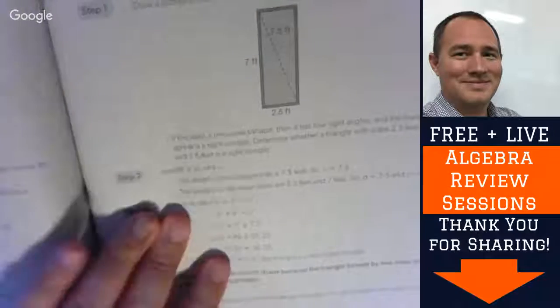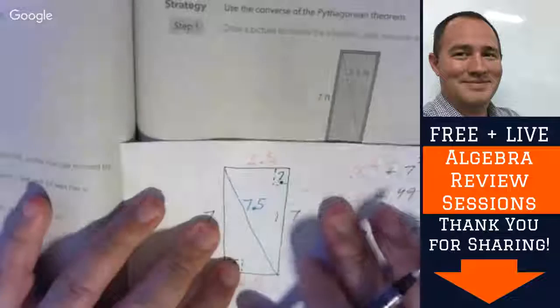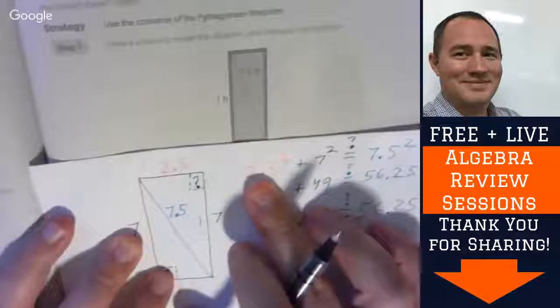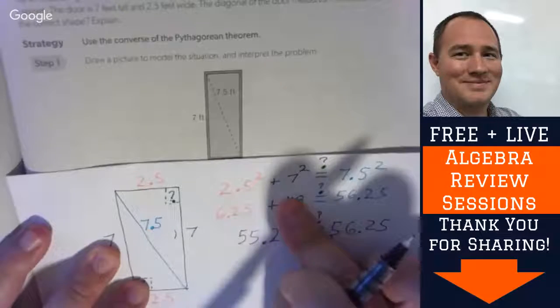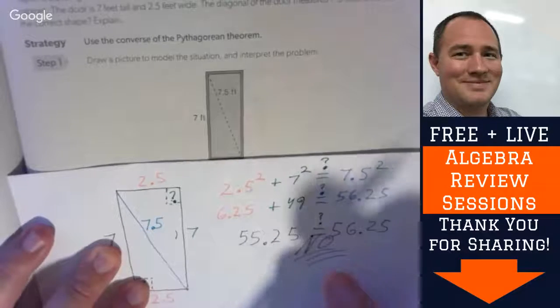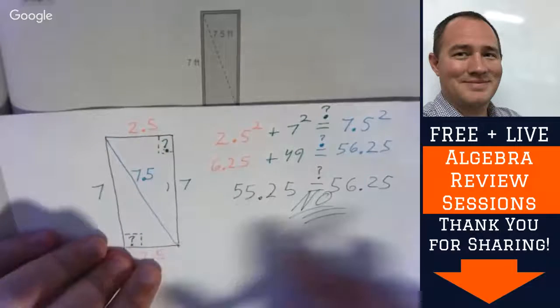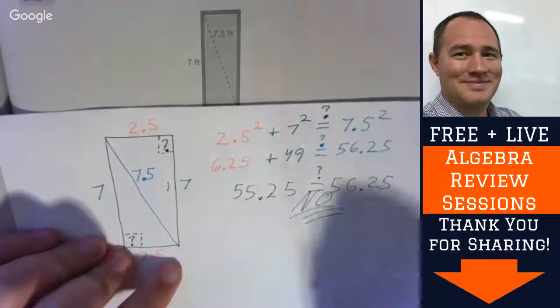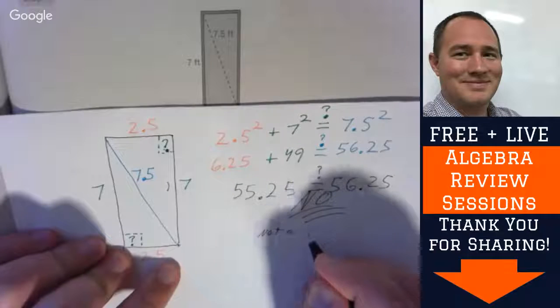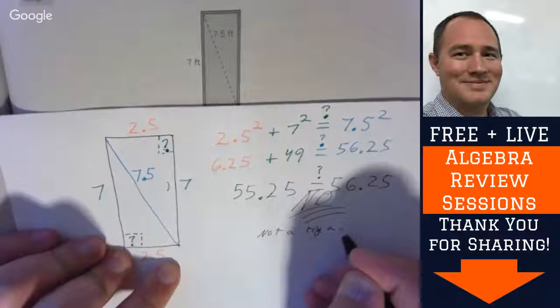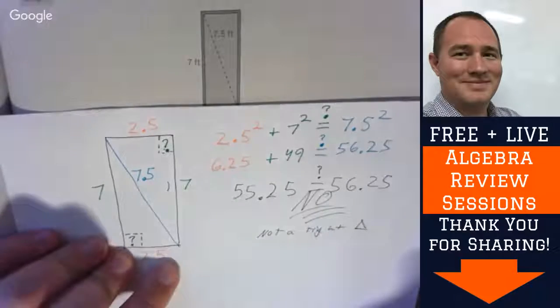So we ask ourselves over here, does a squared plus b squared equal c squared? We got no. So what that means is we would say, then it is not a right triangle. Not a right triangle.